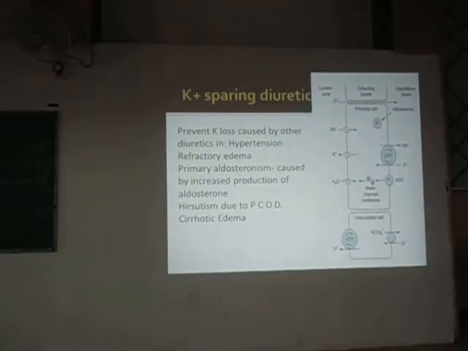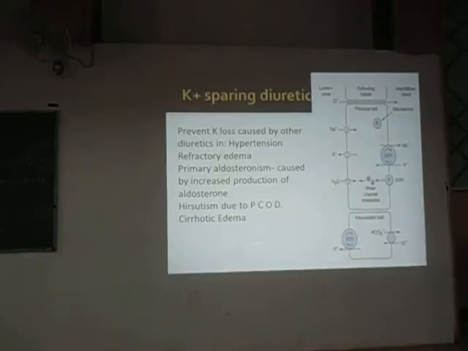So what happens to the pull for potassium here? If there is no electronegativity created, there is no chance that potassium ions from here will move out. Is it clear? Okay. So no potassium is coming out. That means the solutes which were already there, only those will be excreted, though they also contain sodium, potassium and bicarbonate.